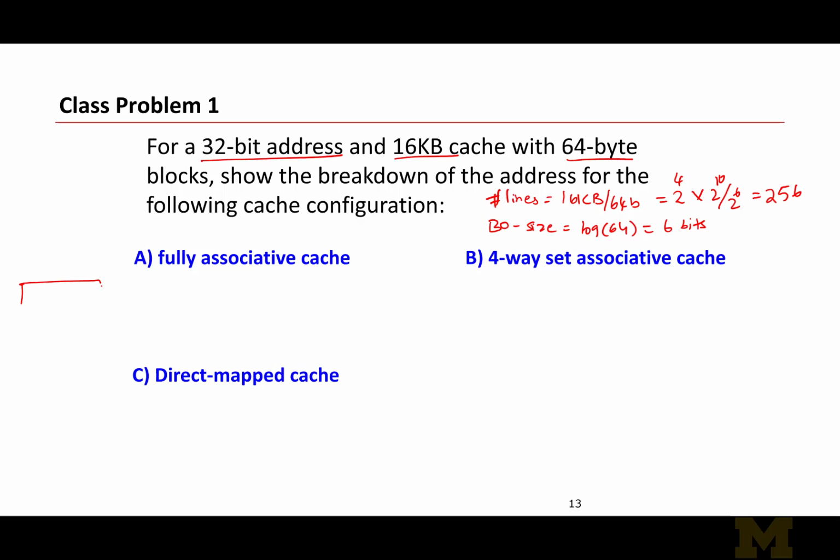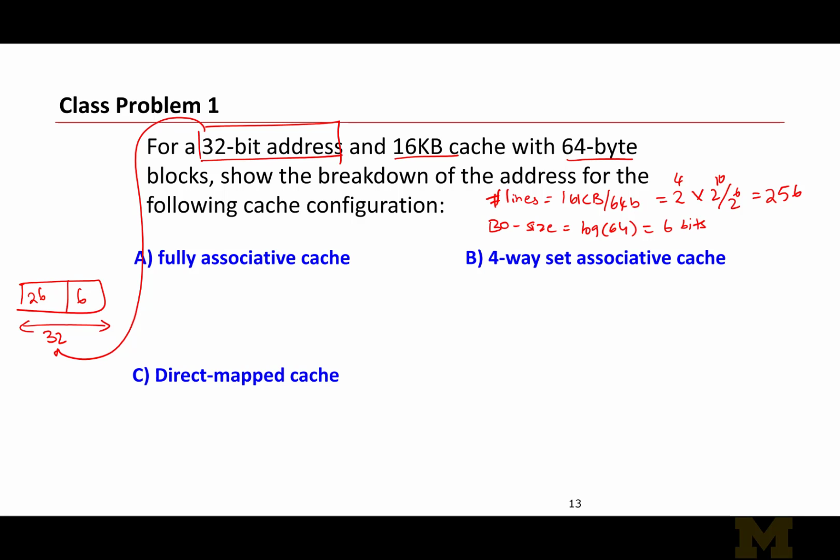As a result, you have only the block offset, which we just computed to be 6 bits, and the remaining bits are the tag. The total address size is 32 bits, because the ISA we are asked to assume is a 32-bit ISA. Therefore the tag size is 32 bits minus the block offset, so that is 32 minus 6, which is 26.